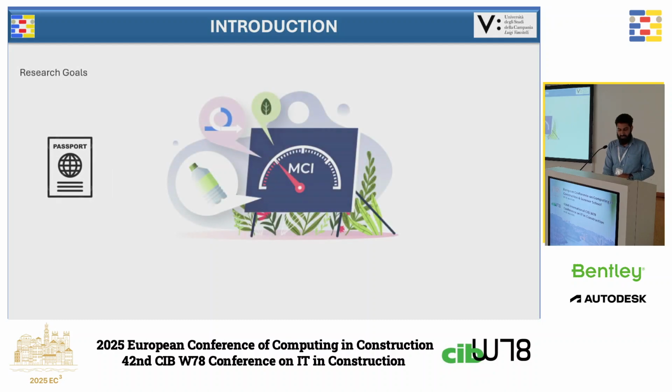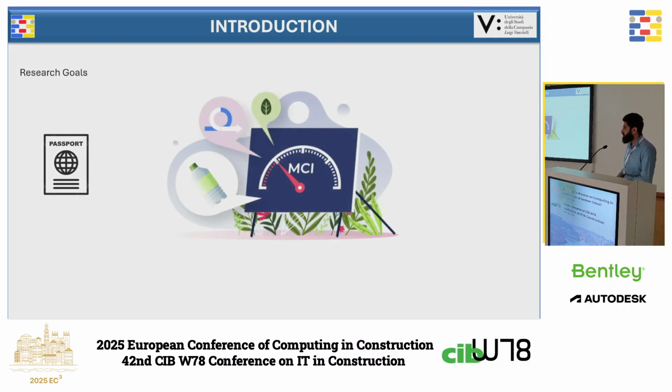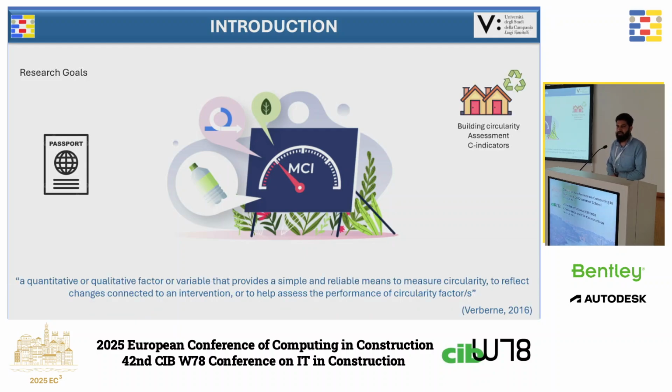product passports. So one of the ideas is to explore if we can assess the circularity indicators that are in the theoretical and industry part, if they can be assessed using material passports, and what could be the data within the circularity indicators.